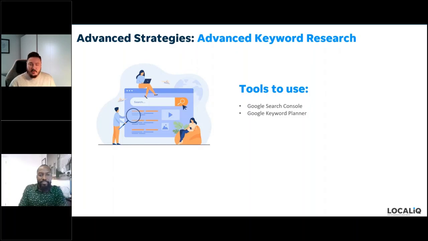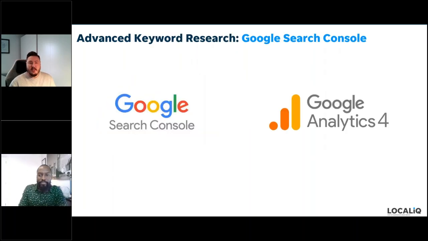A lot of people are going to have heard about Google Analytics, and it's important to know that Google Analytics and Google Search Console are 2 very separate things. Analytics is very much the raw data and the metrics, but Search Console is another free tool from Google, and it helps people improve how their site performs in Google search.